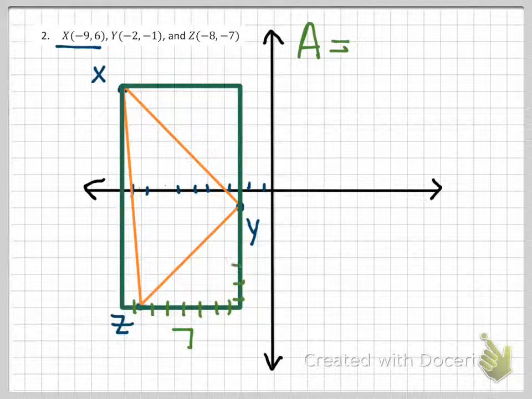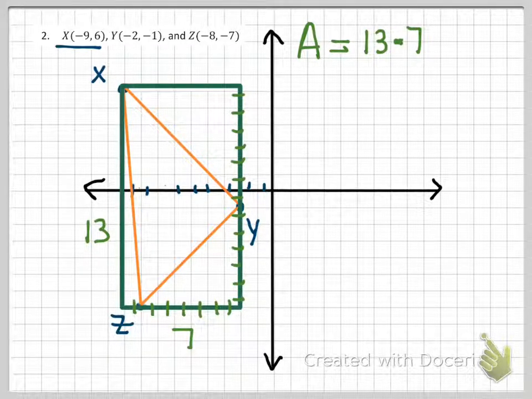And 1, 2, 3, 4, 5, 6, 7, 8, 9, 10, 11, 12, 13 is the length. So we can multiply 13 units times 7 units, and that will be the area of the rectangle. So 13 times 7 is 91. 91 square units.